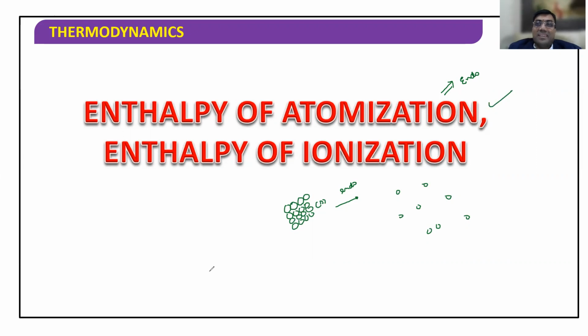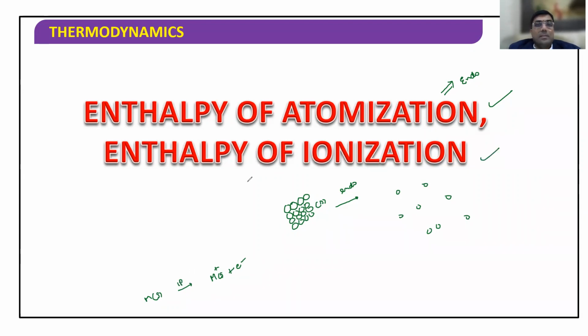Enthalpy of ionization is ionization enthalpy, ionization energy. So a metal in the gas state, you knock out an electron. This is also gas. The gas is the state only. This is IP. This is enthalpy of ionization. Are you following?